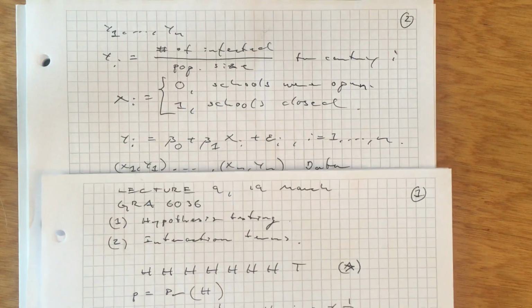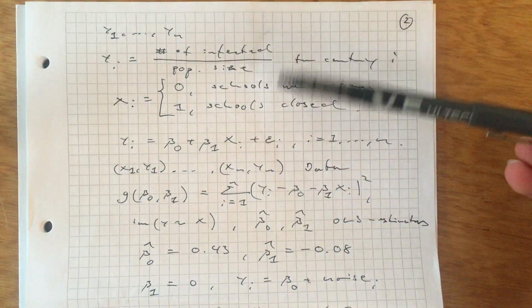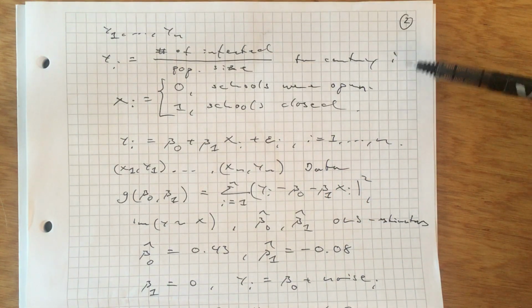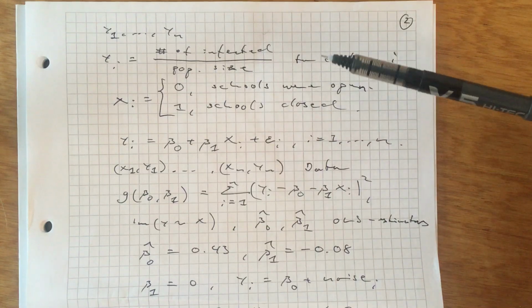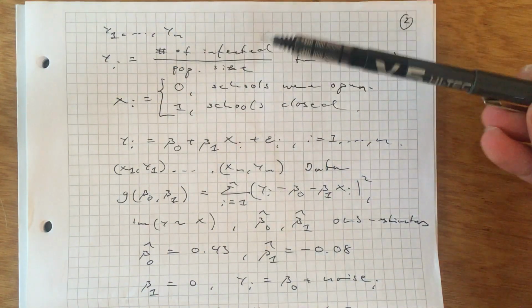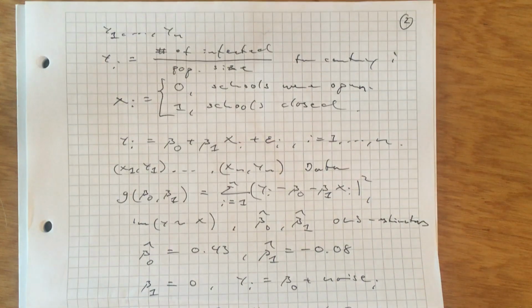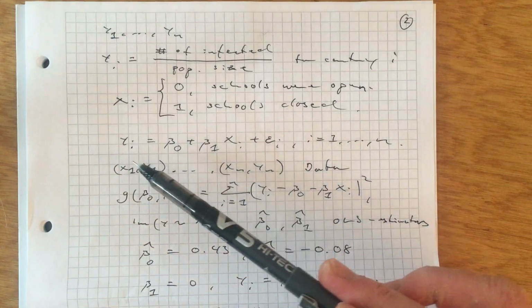So let's go back to our example where we have these Ys that are the share of infected people for country i, and we were interested in the effect of closing the schools on the share of infected people. So the effect of this X on Y. And to investigate this possible effect, we built a statistical model, this one.